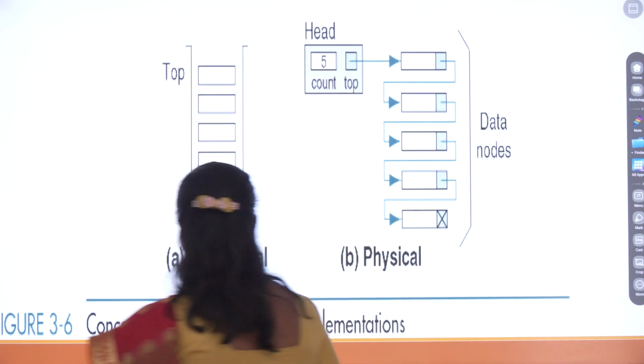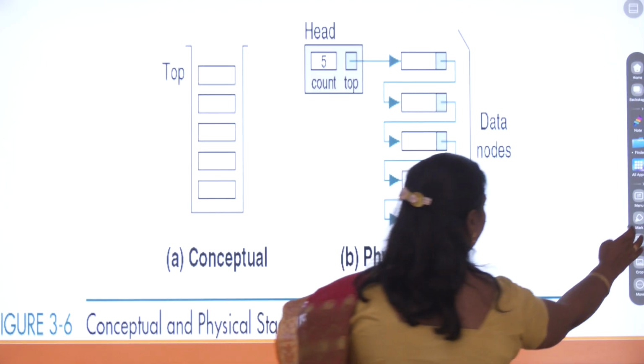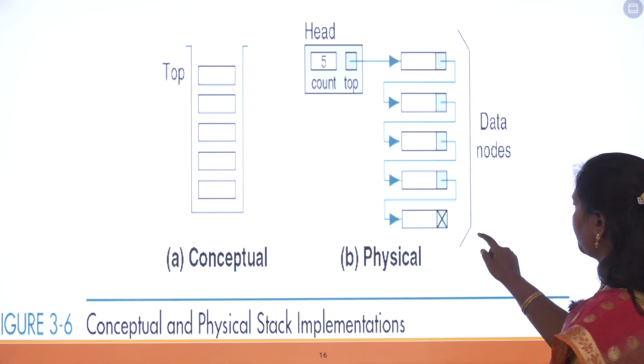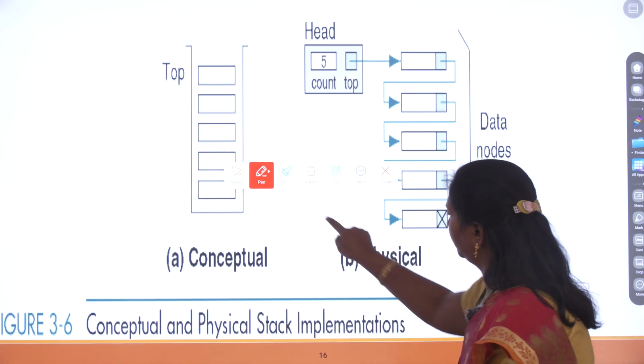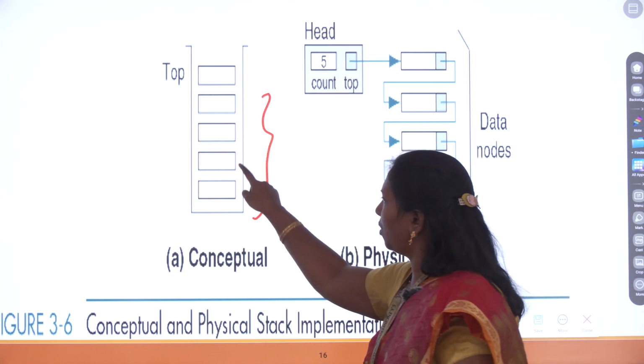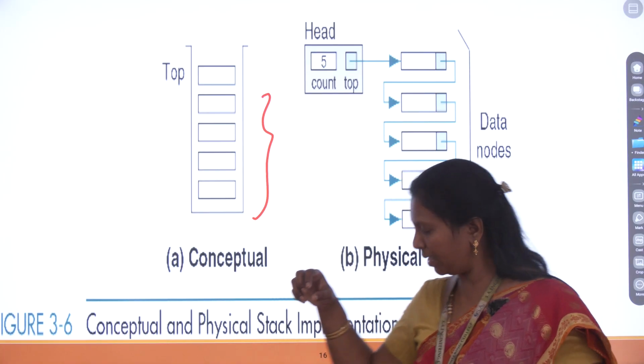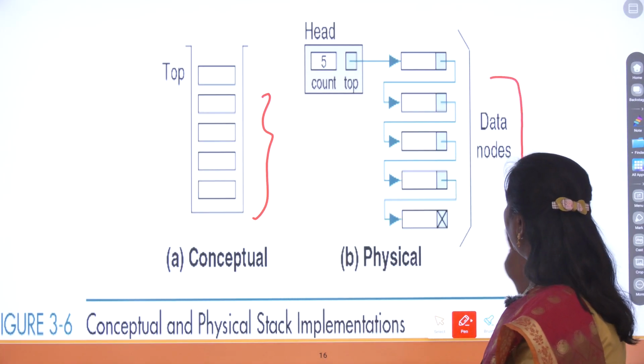Say here I am having conceptual matters and I am having physical nodes. This is what we maintain at the conceptual level, but physically it will be implemented at this level in data nodes.